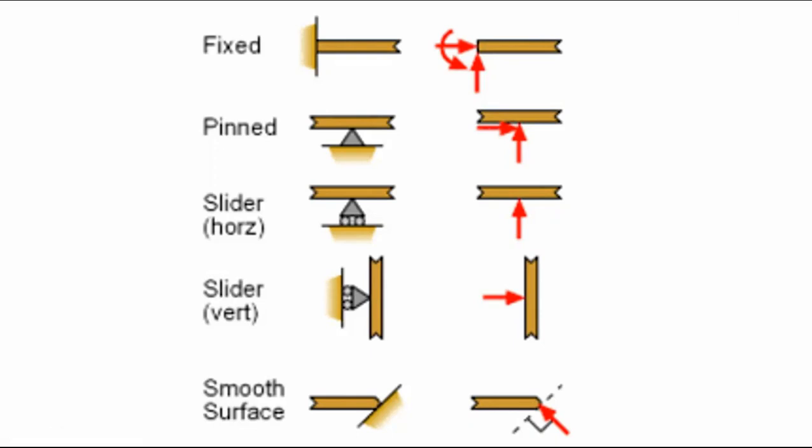Better, we will discuss this in the next lecture. Just see the types of support which will be used in finding the SFD and BMD. These are: fixed support, second one is hinge joint or pin, then slider or roller support, and smooth surface.